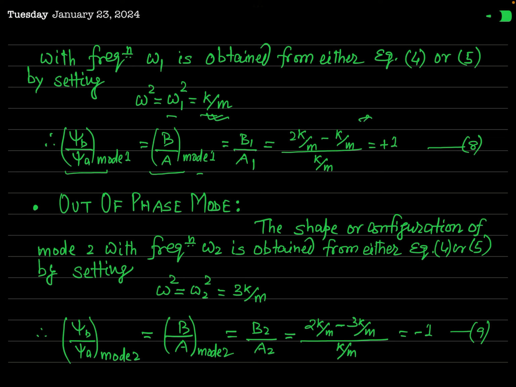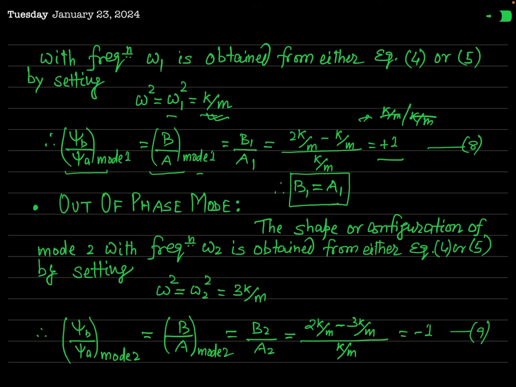So this is simply k by m over k by m, and so these two will cancel out and your result is plus 1. Actually, this plus 1 shows that both the masses will oscillate in same phase. And therefore, you can also say that in this case, first mode, the amplitude of oscillation of both blocks or both systems are equal.